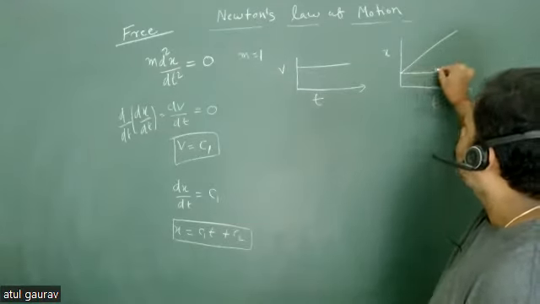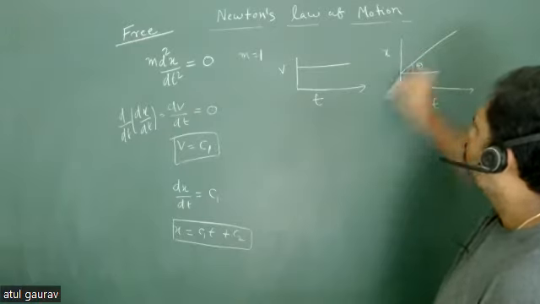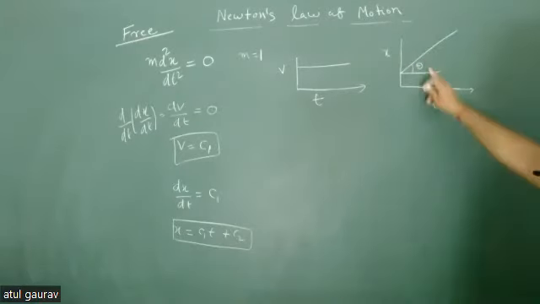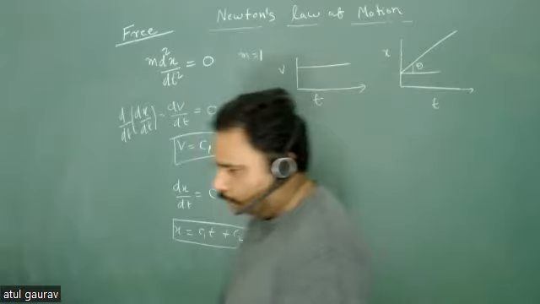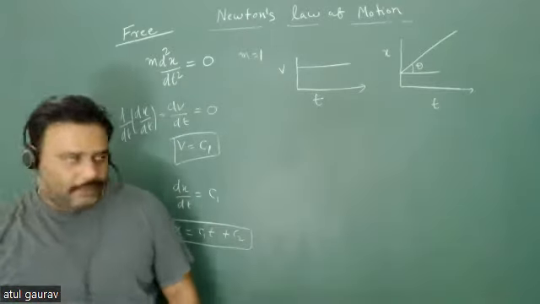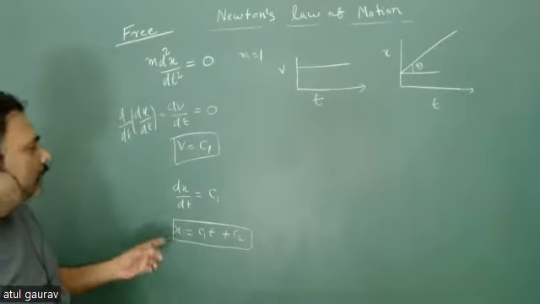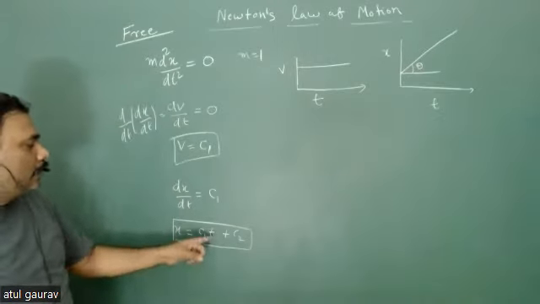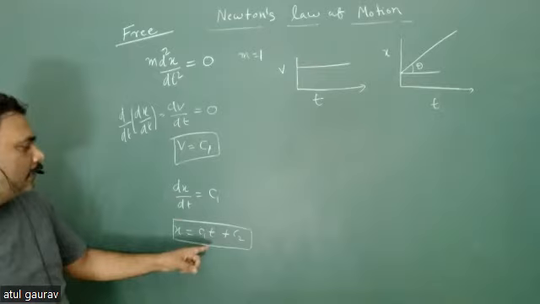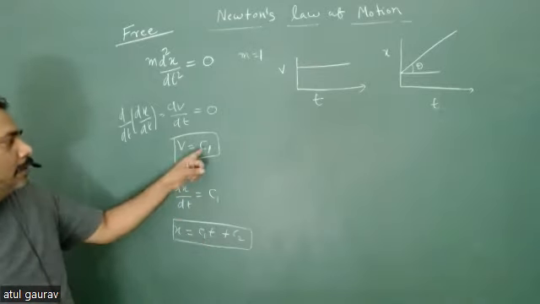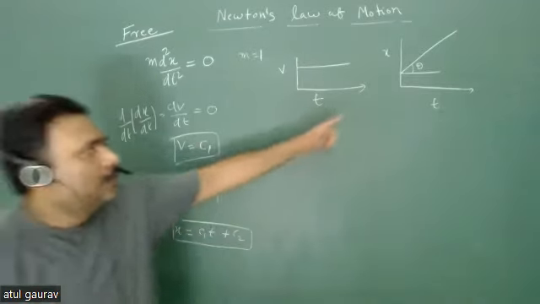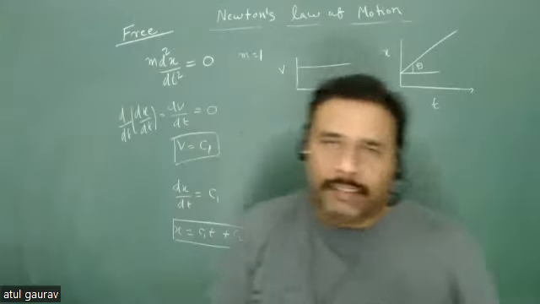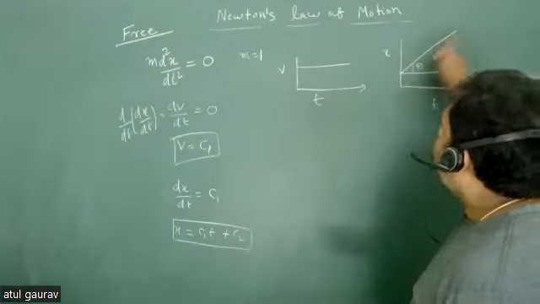What is this angle? Can you imagine what this angle will be? The velocity. Exactly. The tan of this angle is what? Velocity, isn't it? y is equal to mx plus c, and what is the value of m? m is nothing but c1. So tan theta is identified as the velocity, which is always constant.